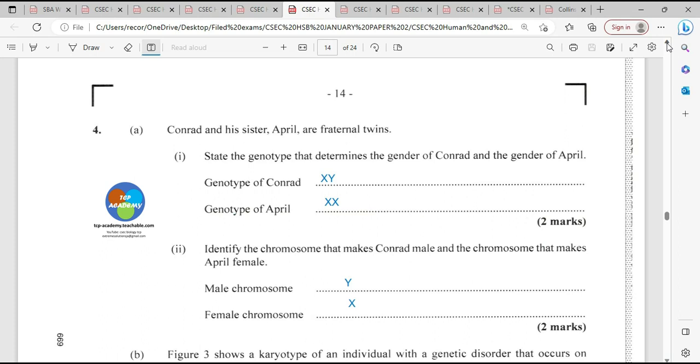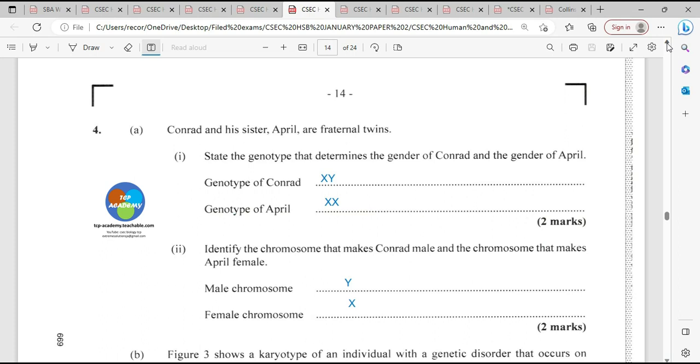Identify the chromosome that makes Conrad male and the chromosome that makes April female. Please pay attention to chromosome and not chromosomes. So in order for you to be a male, you must get that X chromosome from dad. Now the female, it is the X's that would determine you being a female.